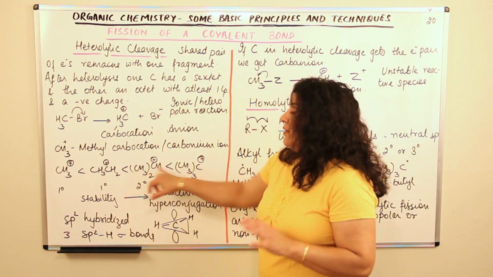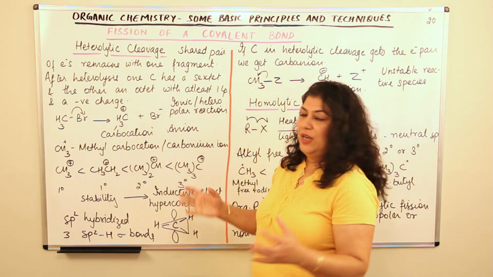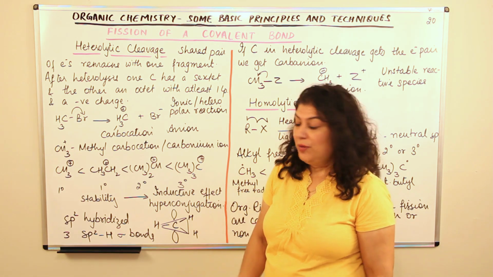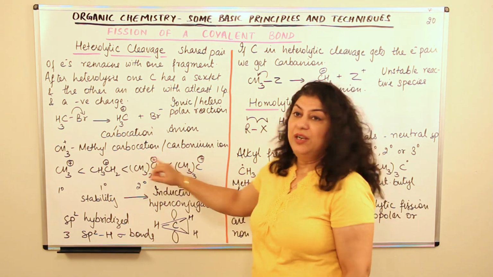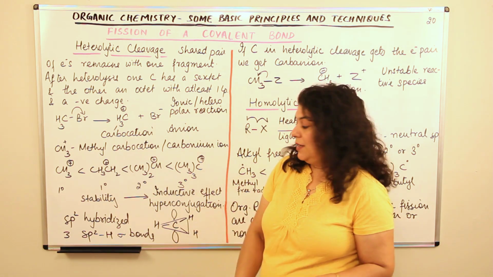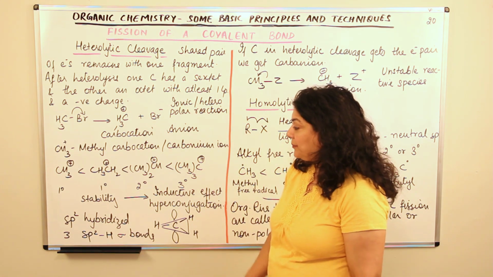So the formation of a tertiary carbocation is the easiest, or it would be facilitated the most, because of the presence of these methyl groups, and due to greater inductive effect and hyperconjugation effect of the methyl groups. We'll come to it again when we do the videos on both inductive effect and hyperconjugation.